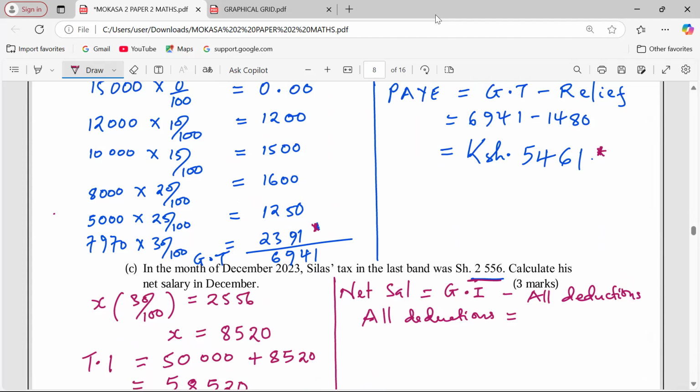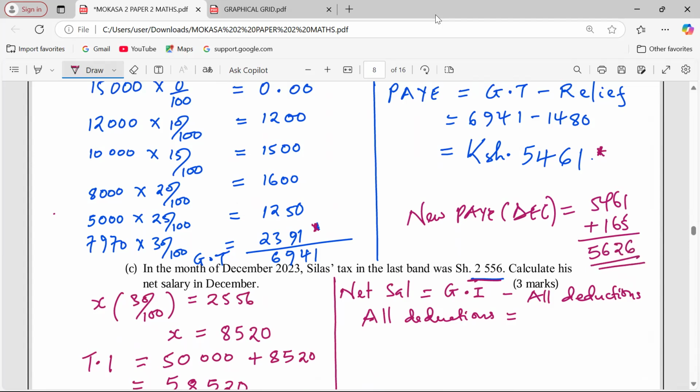So we should know that the new PAYE should be 54.61 plus 165, so 56.26. So this is the new PAYE, because there is 165 extra.